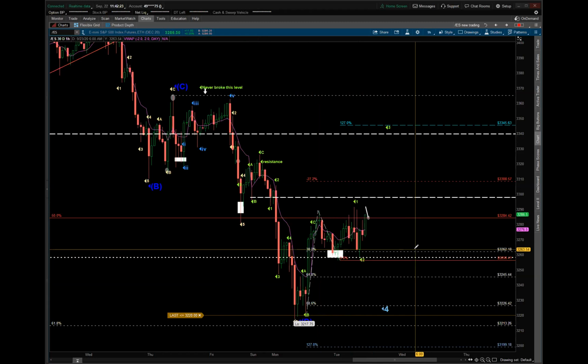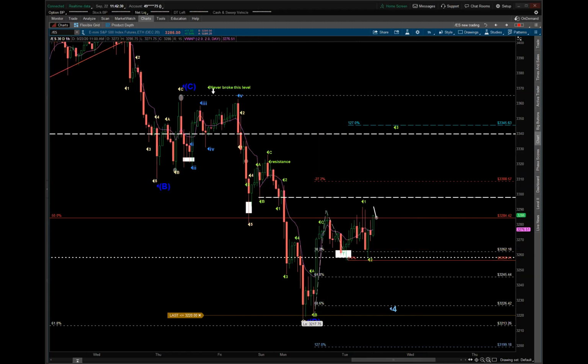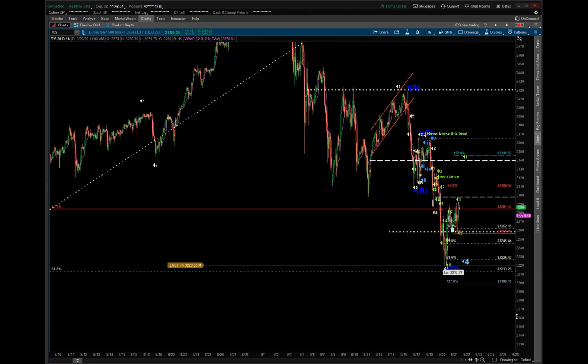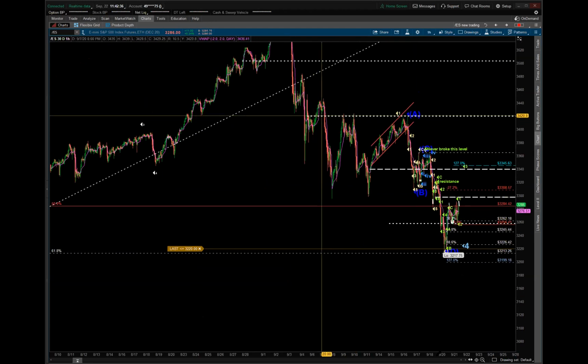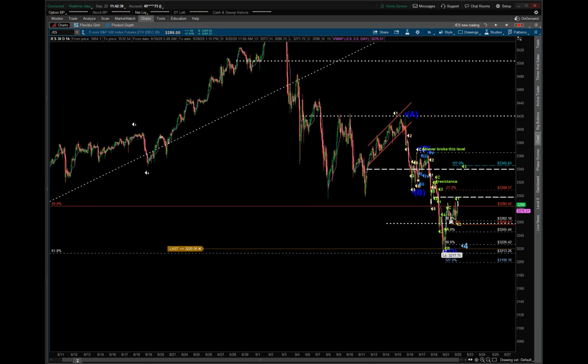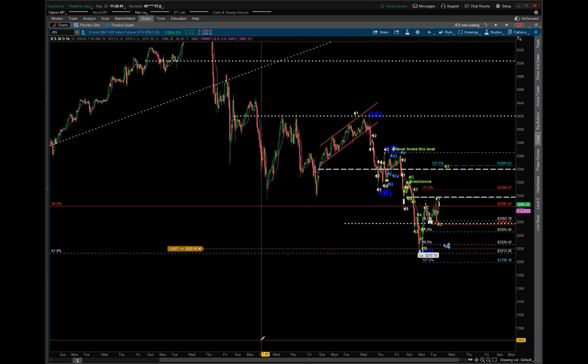How do I determine the direction? Like I said, I use multiple different time frames. I like to use the 1 hour, but if you would like to know the direction, just follow this simple and easy way.